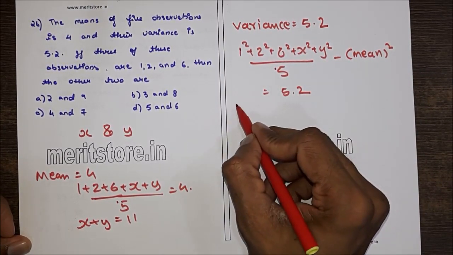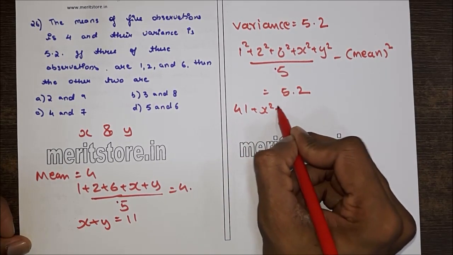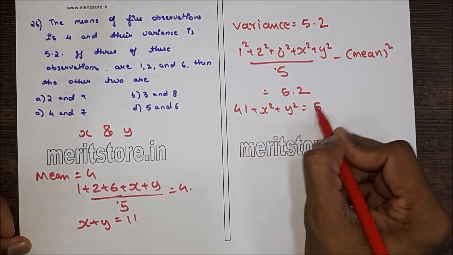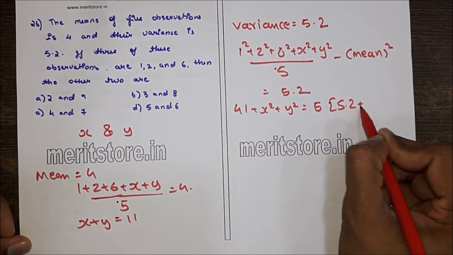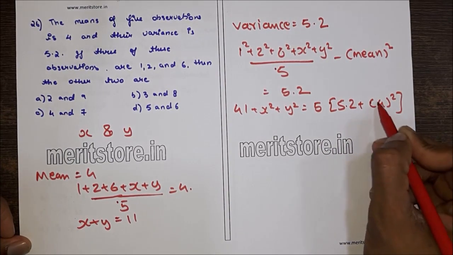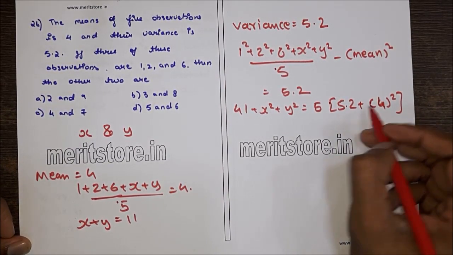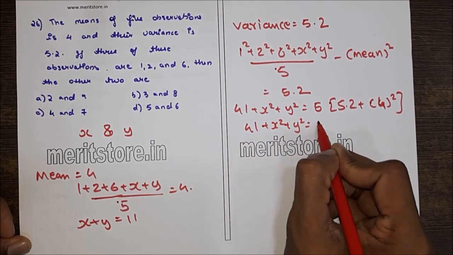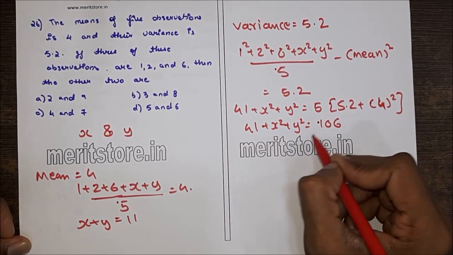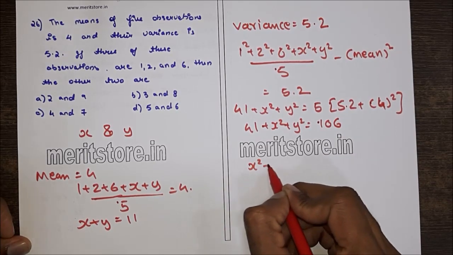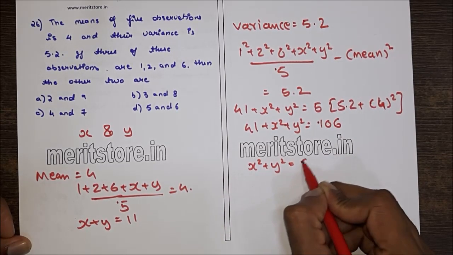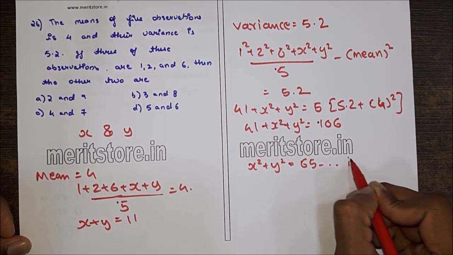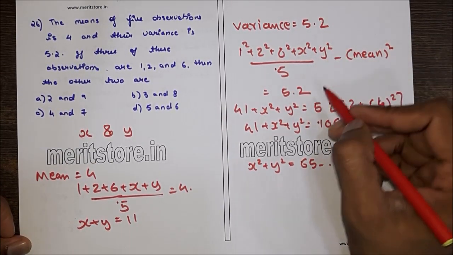We solve this, we get 41 plus x square plus y square equal to 5 times (5.2 plus 4 the whole square). We get 41 plus x square plus y square equal to 106. Solving this, we get x square plus y square is equal to 65. Let this be equation number 2 and this be equation number 1.